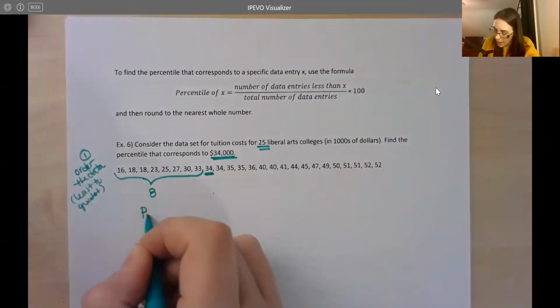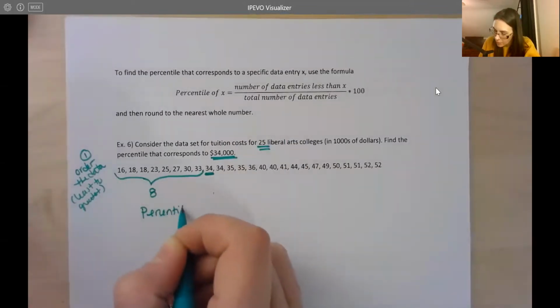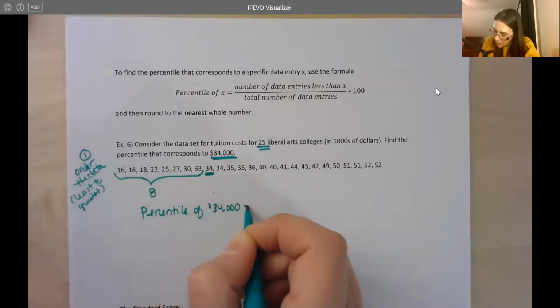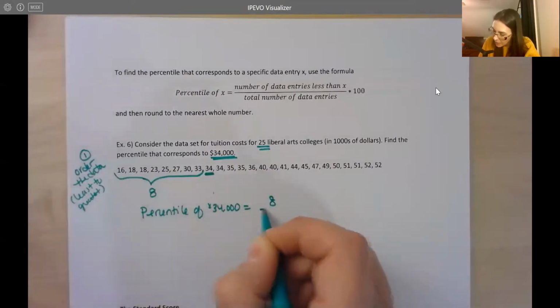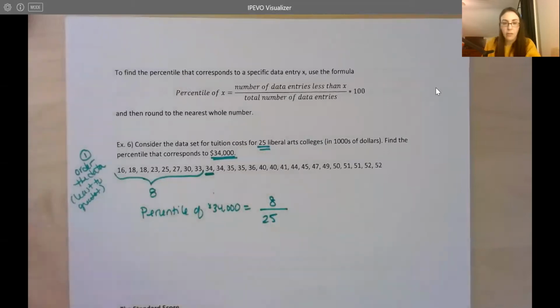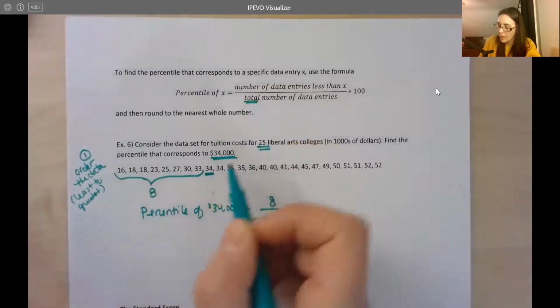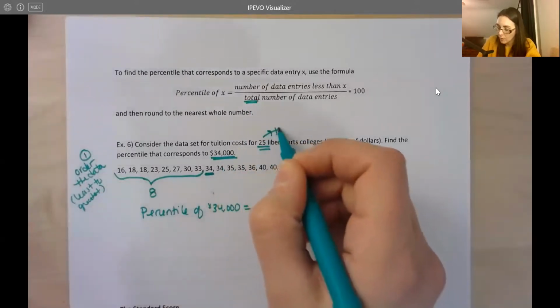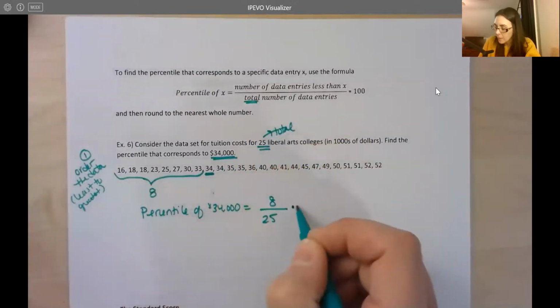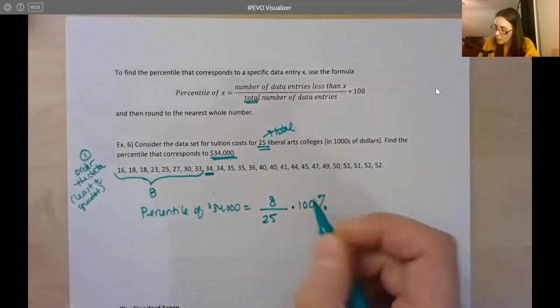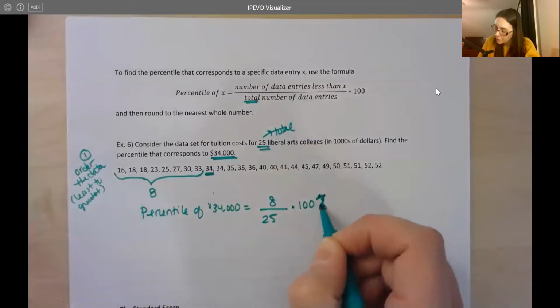So the percentile here of $34,000 is 8 divided by 25. It's the number of entries less divided by the total number of entries, which is 25 here. And then we're going to multiply that by 100, of course, to get the percent. I can even put a little percent sign if you want, but you don't have to.